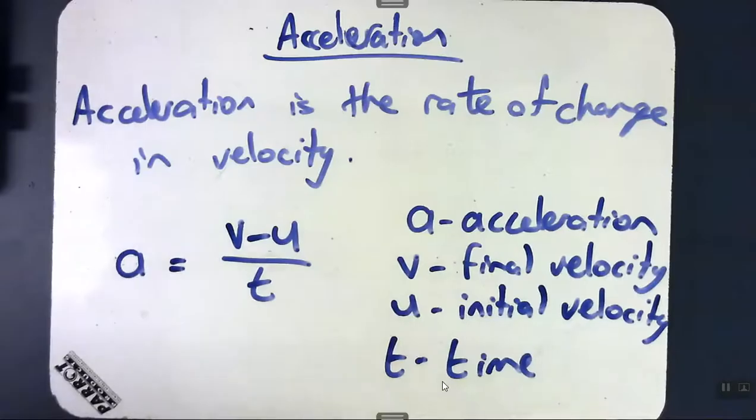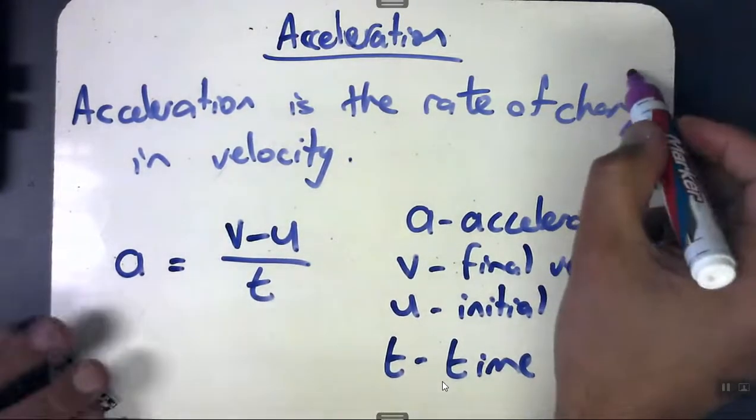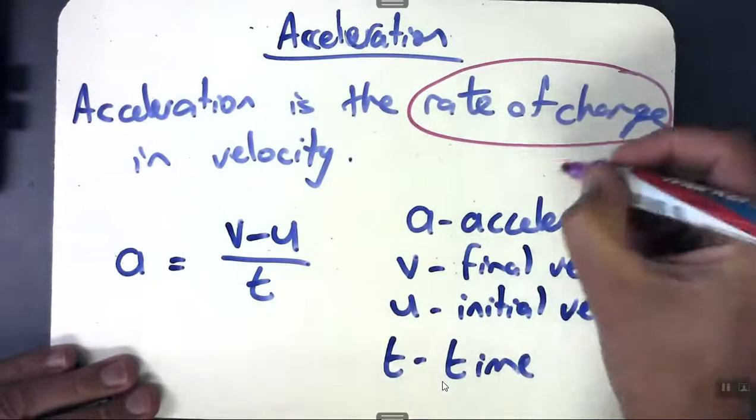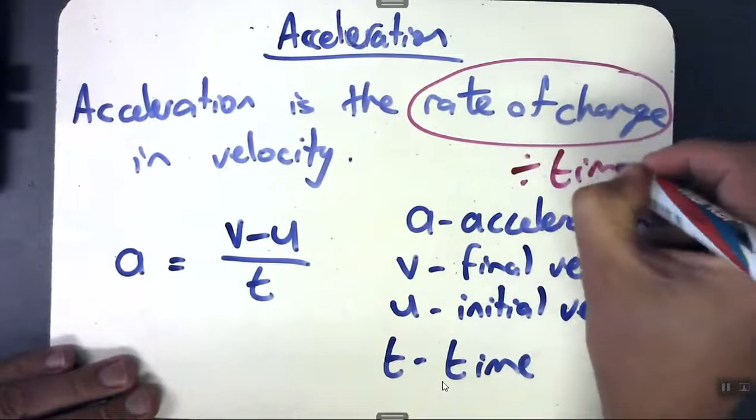Lastly, we will be looking at acceleration. Acceleration is the rate of change in velocity. Now in physics, whenever you hear the words rate of, that means divided by time.